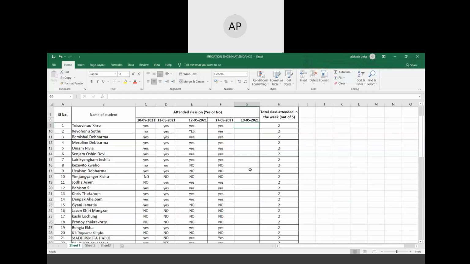So 29 students. Attendance. Today is the 19th. Okay.